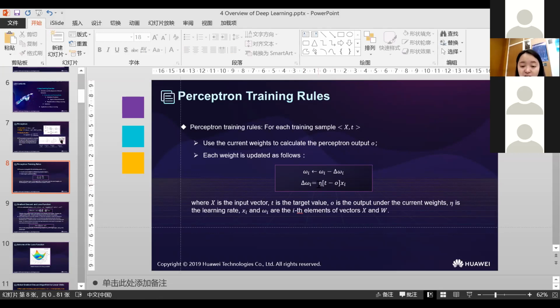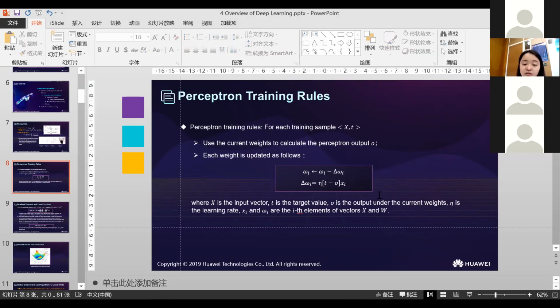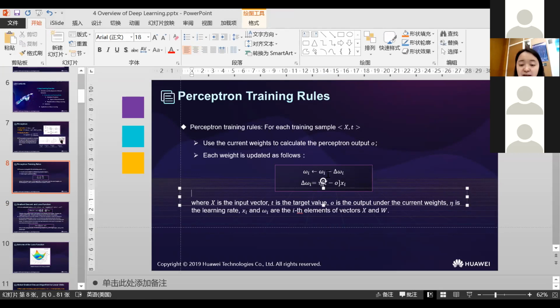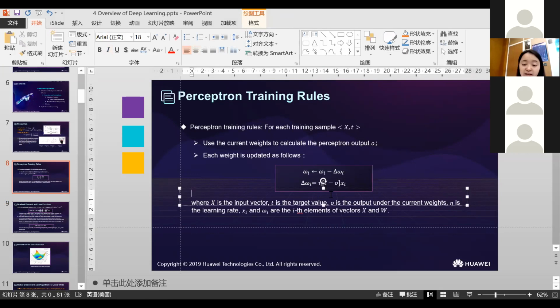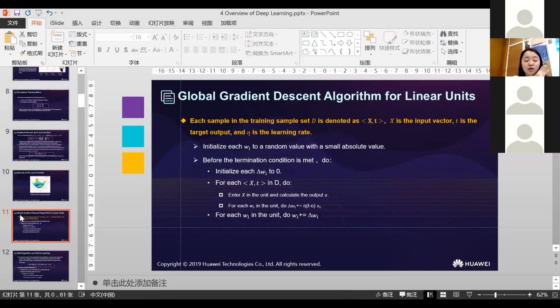So the learning rate times the gradient, which is the gradient of the mean square error loss function. Then we update the weights W in the opposite direction of the gradient, so here is minus. This is our strategy to update the weights using gradient descent.